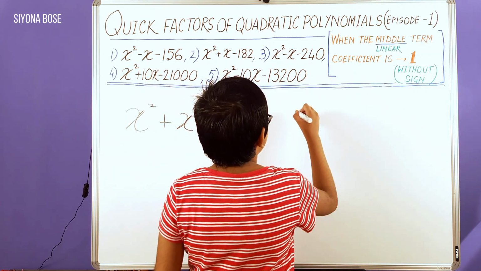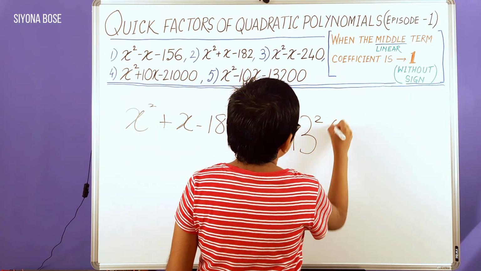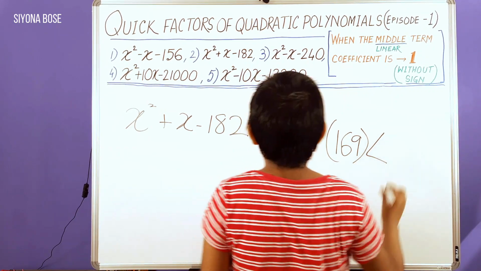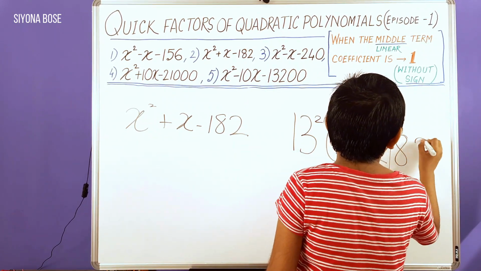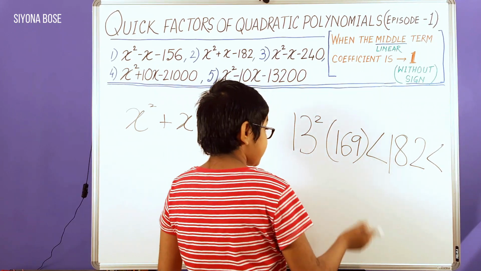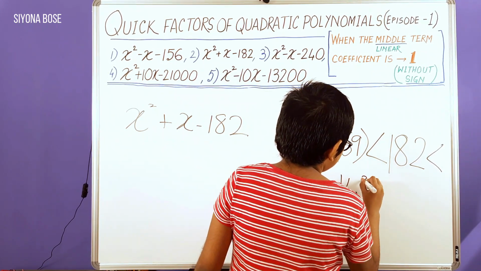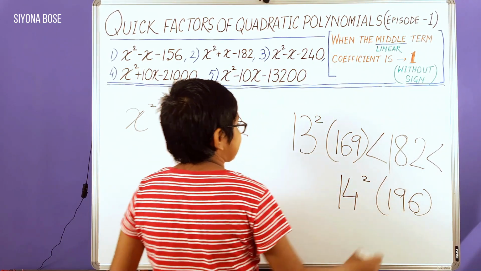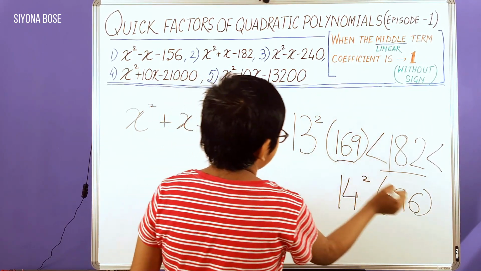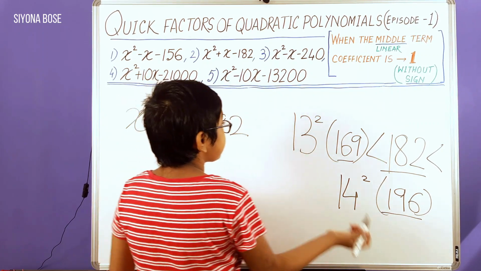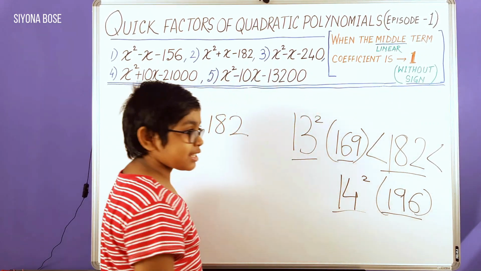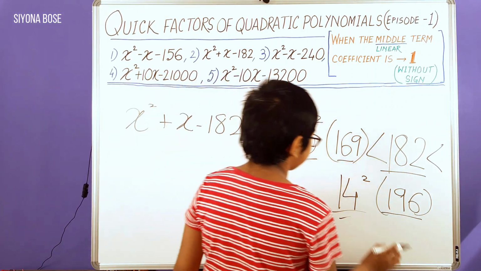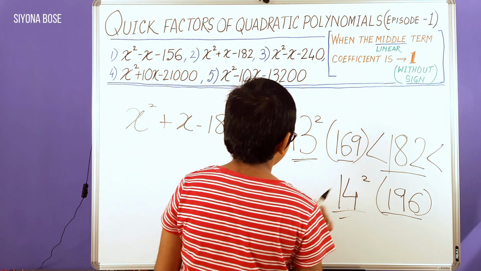Immediately we can identify that 13 squared, 169, is less than 182, less than 14 squared, which is 196. So obviously we can locate 182 between 169 and 196, which is the square of 13 and 14, two consecutive numbers. So here we find that 182 is located between two consecutive perfect square numbers. They are 13 and 14.